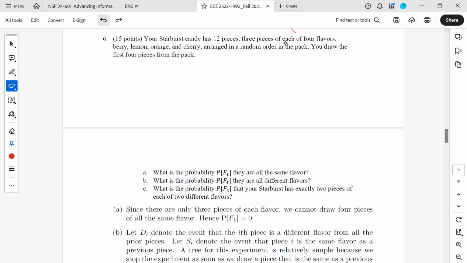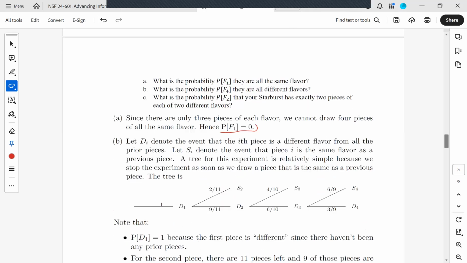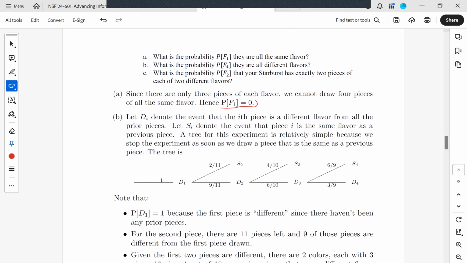So the probability of the event F1, which is that all the flavors of the 4 candies are the same, is going to be equal to 0, indicating it's impossible to have 4 similar tastes when each flavor only has 3 elements. Is that clear? Are we good?